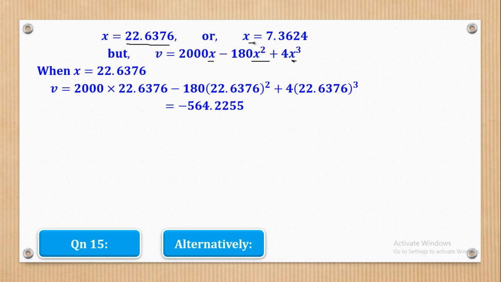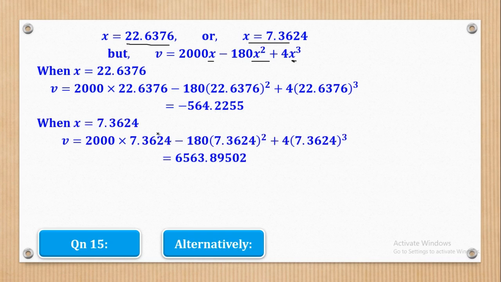Do the same for this. When x is equal to that, substitute and get the value, so that value will be this. When you compare these two, this one is the maximum, so therefore you conclude that maximum volume will be 6,563.89502 centimeters cubed.